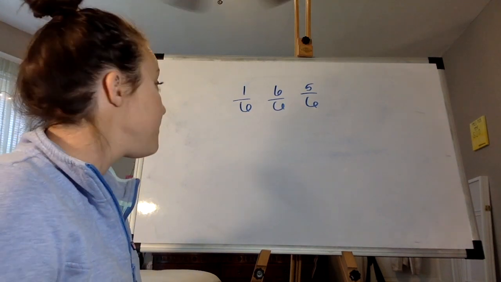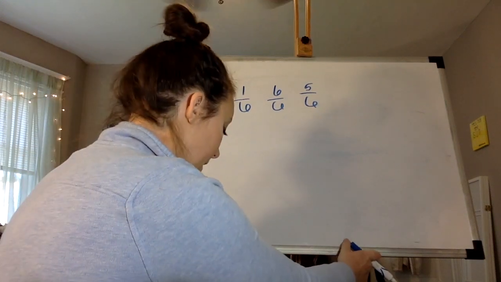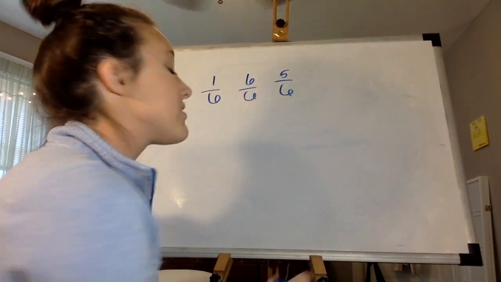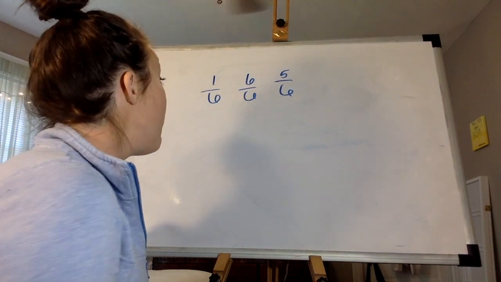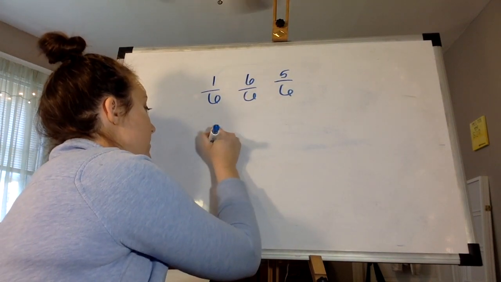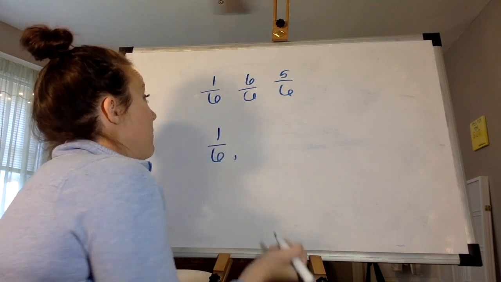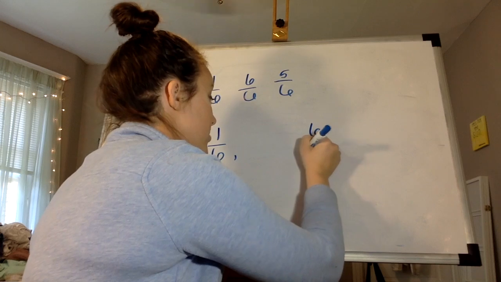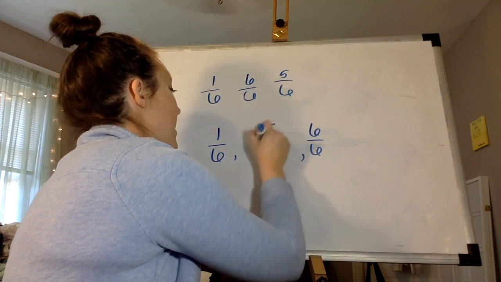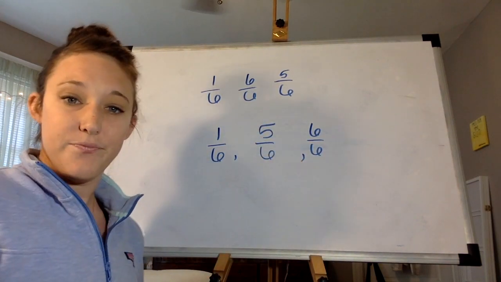Whatever you'd like to do. But if I'm just looking at them and I know when I have the same denominator, all I need to do is compare my numerator numbers, well, I know 1 is my smallest number. I know 6 is my largest number, which leaves 5/6 in the middle.